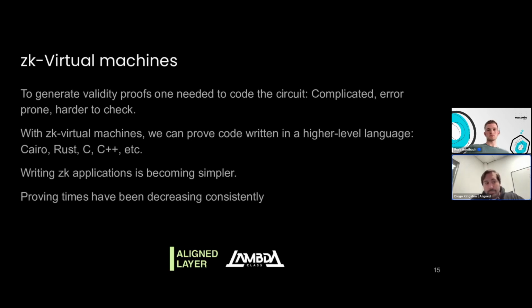So when this whole idea of using zero knowledge proofs and validity proofs started back in 2014, when we got the first really efficient construction, the problem was that if you wanted to write your verifiable application, you needed to code what we call the arithmetic circuit.